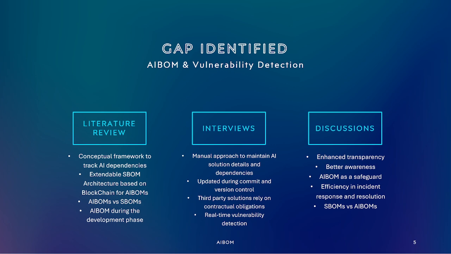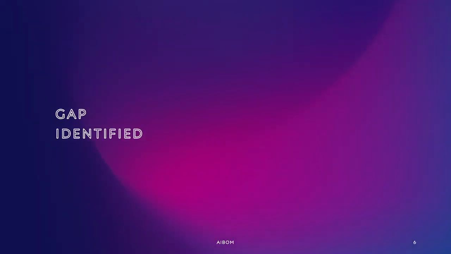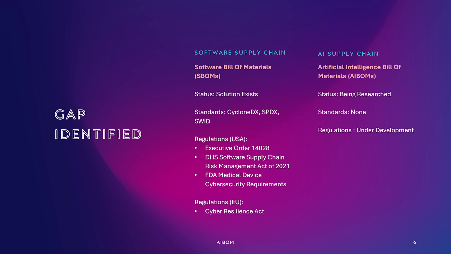And also, similar to the literature review, the discussion also evolved around why there needs to be something customized as an AI bill of materials as opposed to applying the same concept of software bill of materials to AI. Further discussing the gaps, comparing the regulatory requirements and the standards that are available.